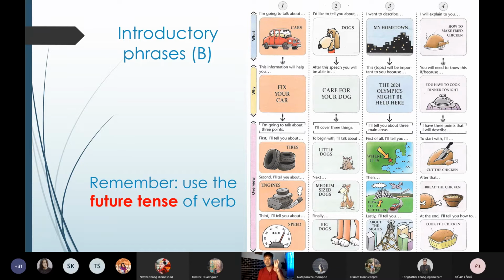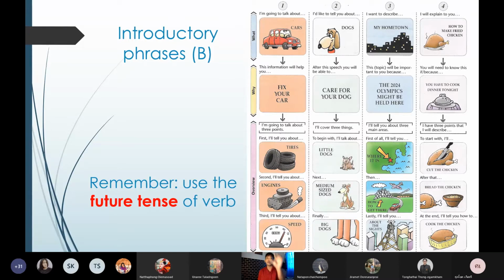You could use gestures if you want. First, I'll tell you about, so there is I'll or I will. Second, and third. You could also use 1, 2, 3 instead of first, second, third.